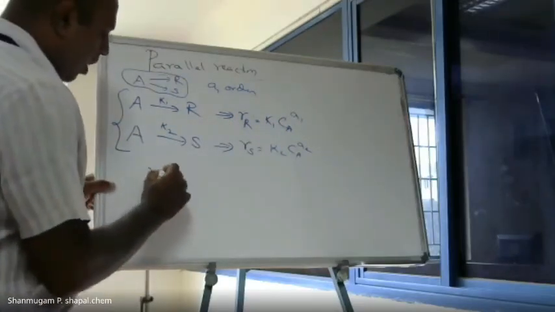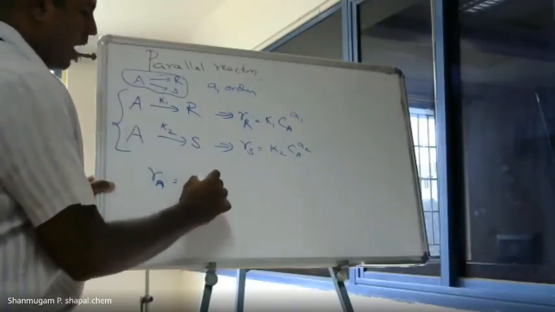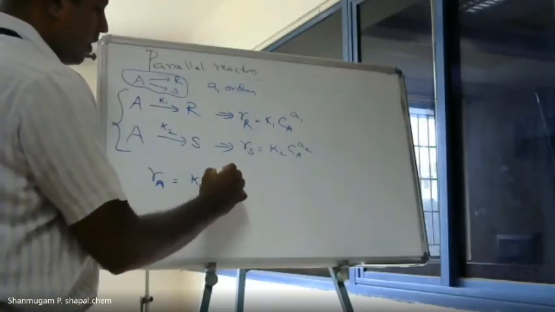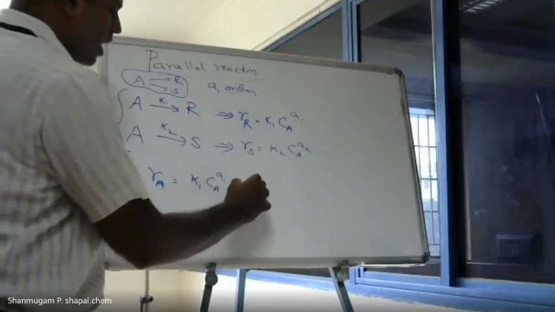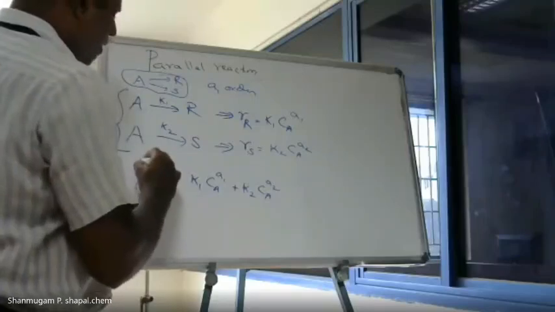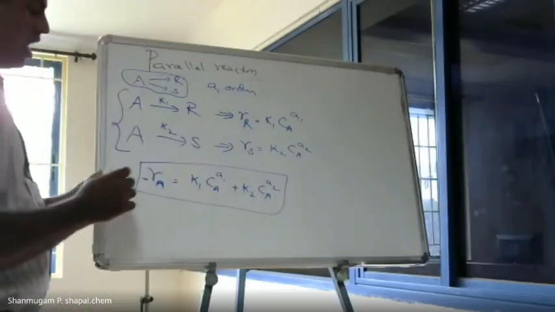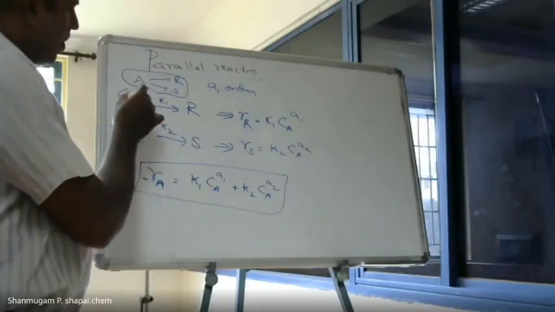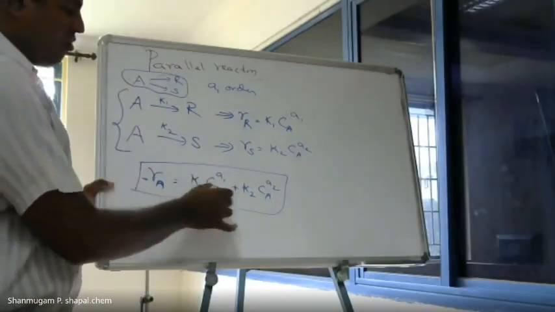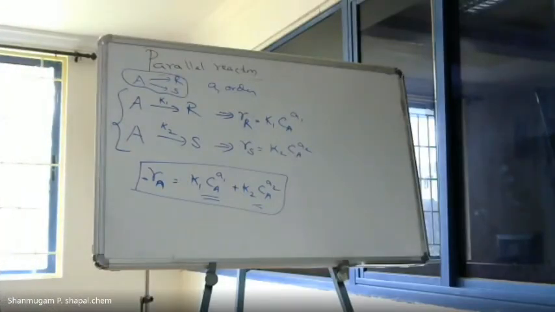If you write for RA, then it will be minus K1 Ca power A1 plus K2 Ca power A2. It is a minus because it's a disappearance. So this could be the rate equation for A here. You have the sum of both rates. This is the actual rate law that you can write for the parallel reaction.